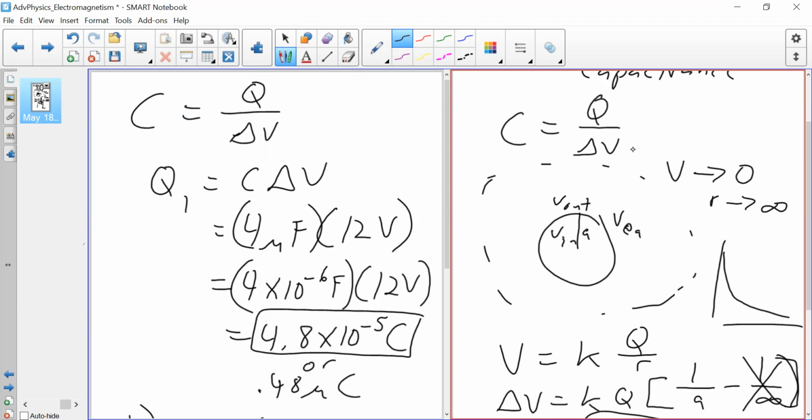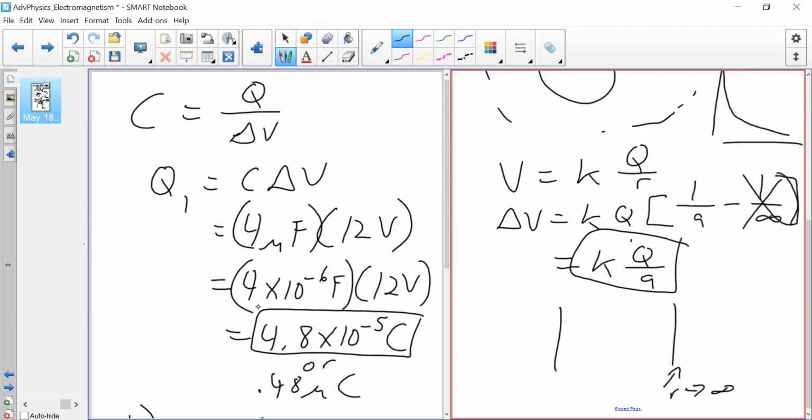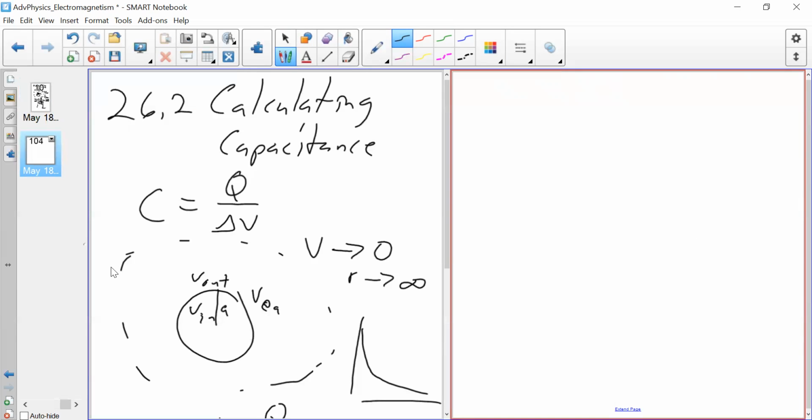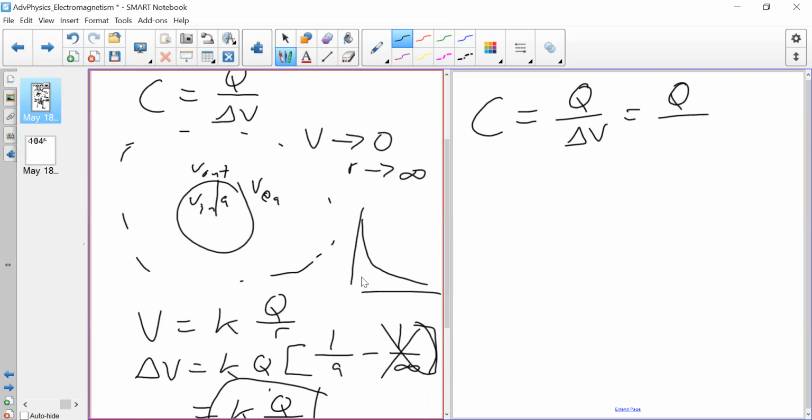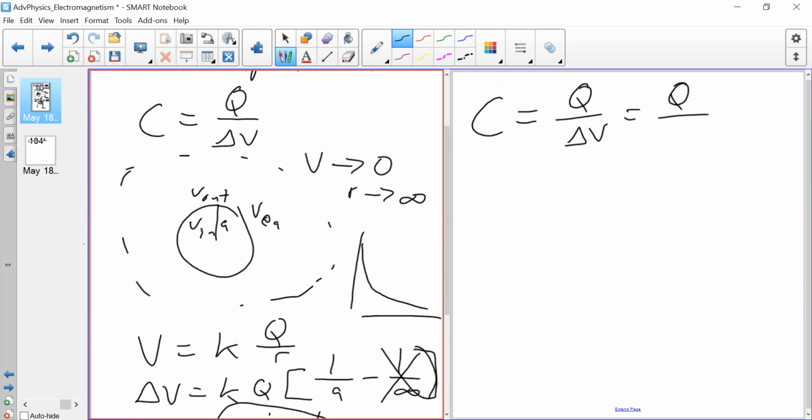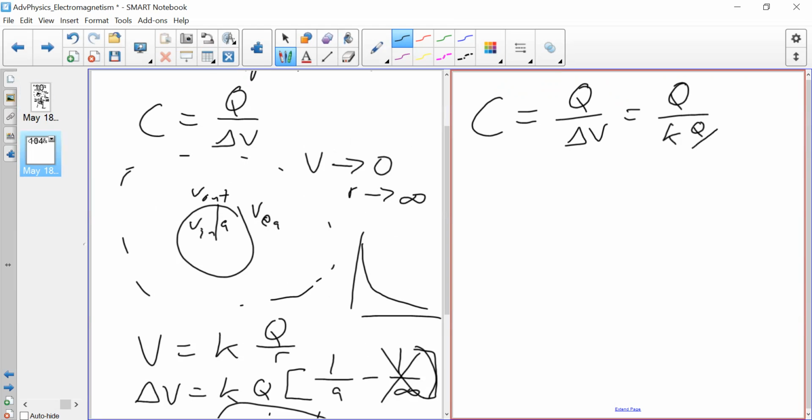Let's see what we can get out of it. C equals Q over delta V. Now this becomes Q over KQ over A. And then we also know that K is 1 over 4 pi epsilon naught.